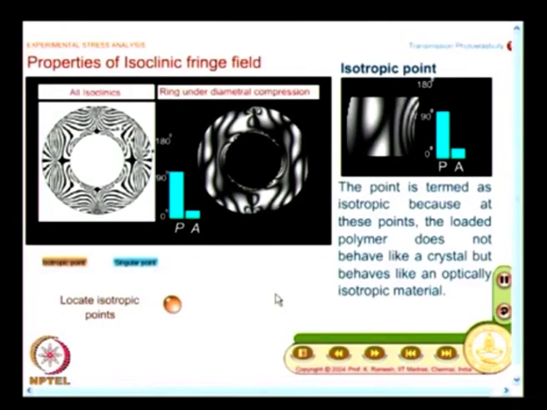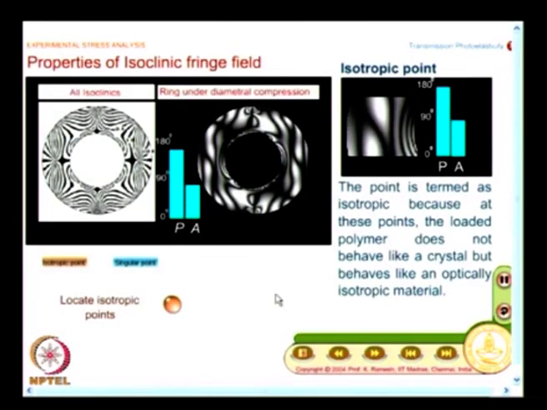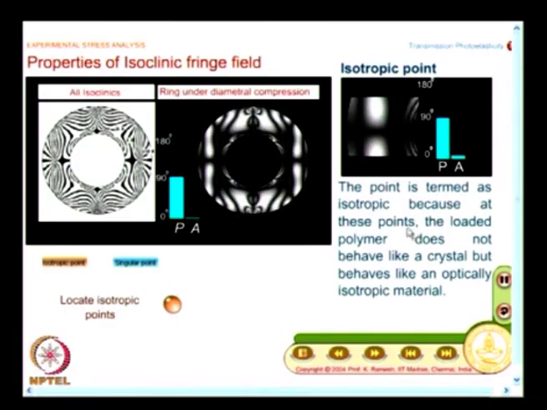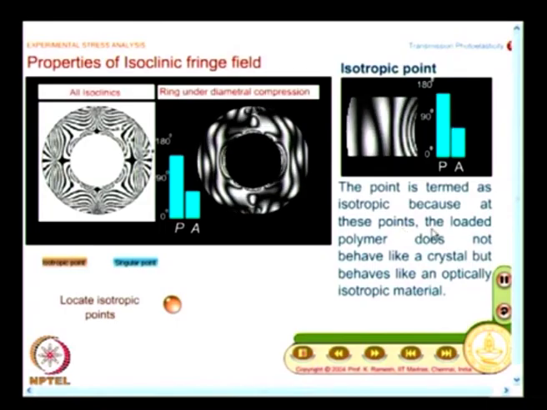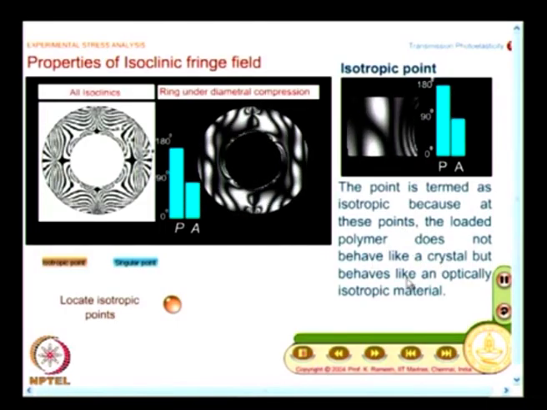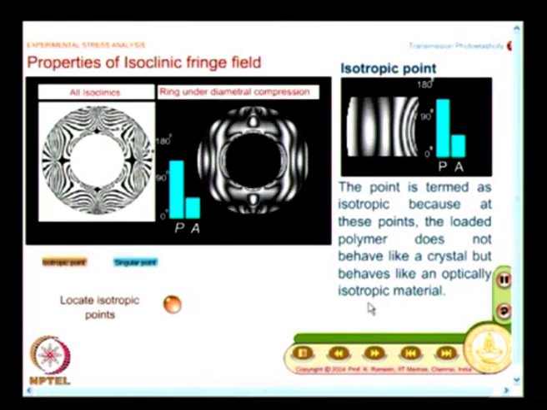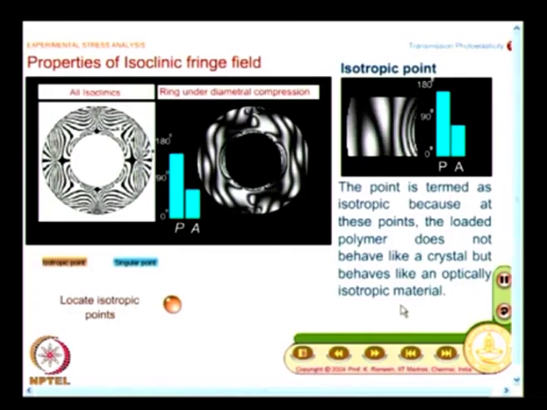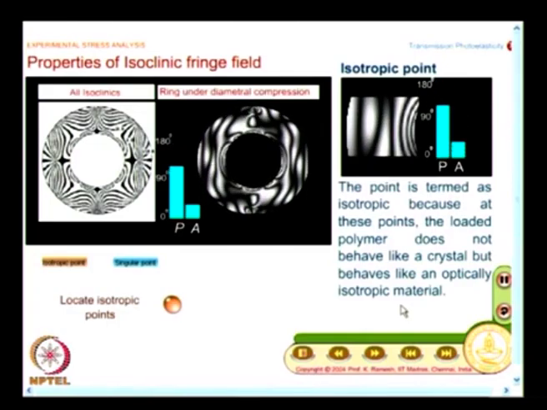And why do you call this an isotropic point? It is termed isotropic because at these points the loaded polymer does not behave like a crystal, but behaves like an optically isotropic material. Every axis is a principal stress direction.